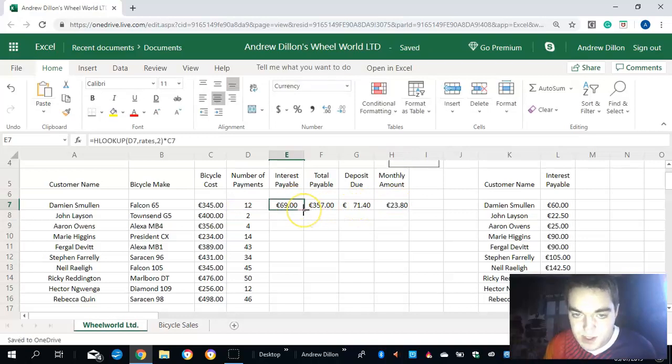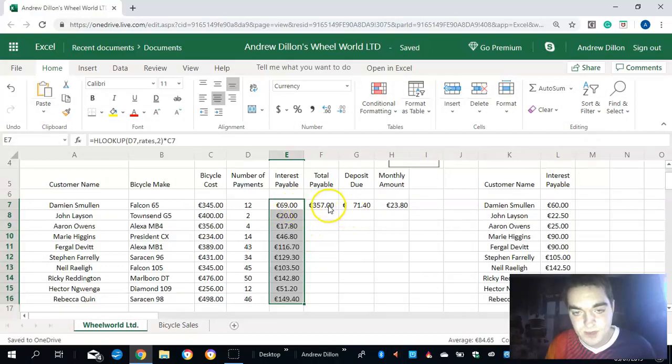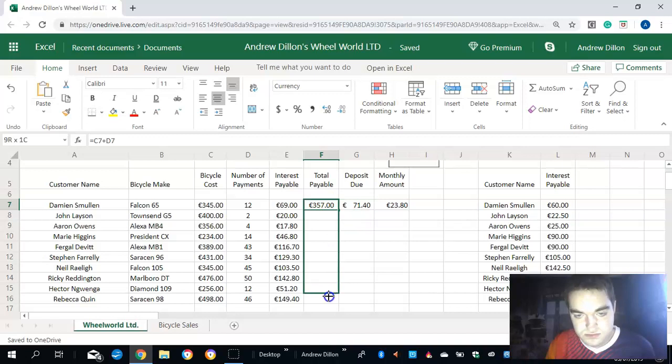Now we got all the answers. Now we can move that bracket down and autosum the rest of the customers and then get an answer. Same with the total payable.